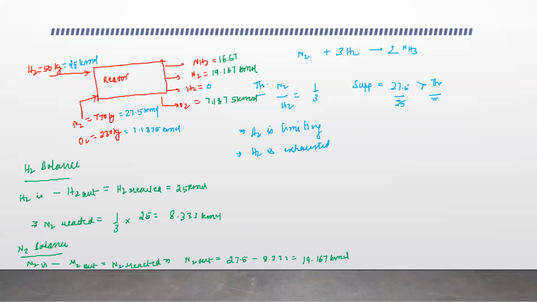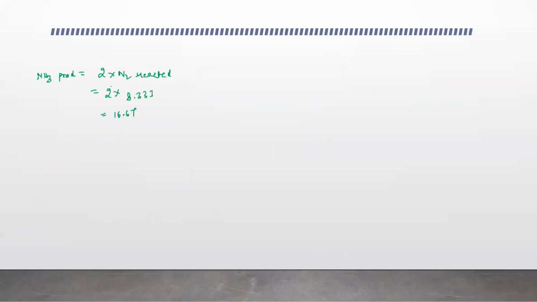Now we need to find the molar composition. So that is going to be component, then moles and mole percent. The components include ammonia, then unreacted nitrogen, hydrogen, and oxygen.